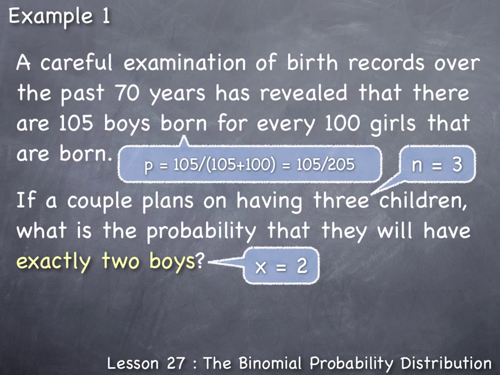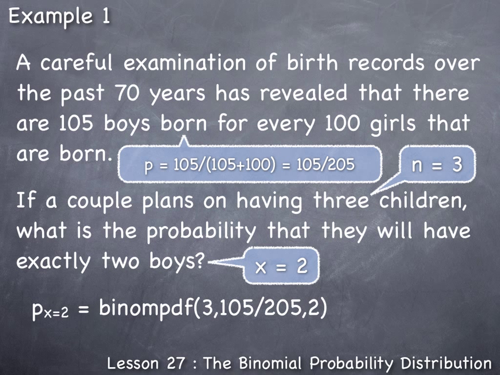The 3 values we enter are the N, the P, and the X. In this case, the probability that this couple will have exactly 2 boys can be found by executing the binomPDF command using N equals 3, P equals 105 divided by 205, and an X of 2.